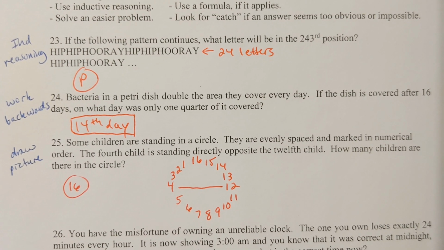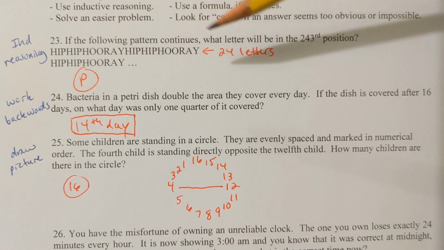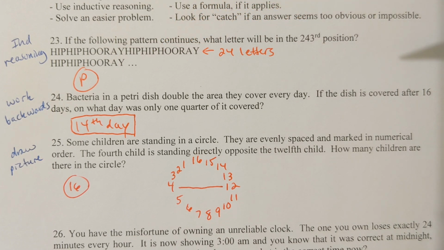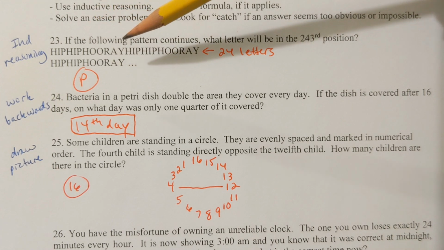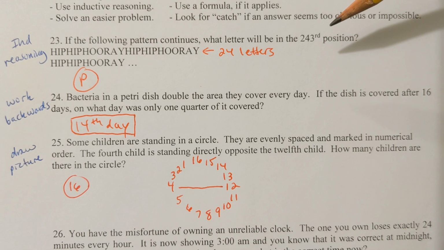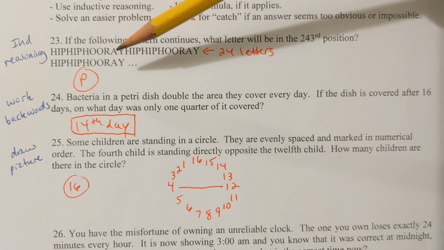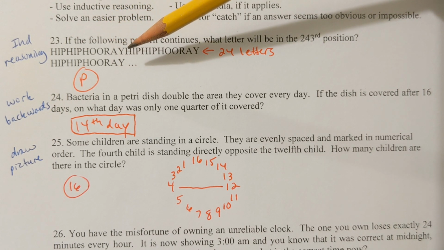So, problem 23, it says, if the following pattern continues, what letter will be in the 243rd position? You got hip, hip, hooray, hip, hip, hooray, hip, hip, hooray, hip, hip, hooray. Now the idea here is to count the letters, and of course I don't need to count up to 243, that would be very time consuming. But if you count one time where it says hip, hip, hooray, there should be 12 letters.